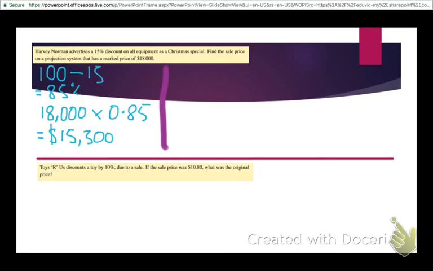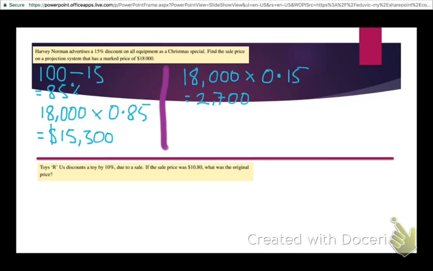I'll run through it quickly here. We have 15%, so if I want to find 15% of 18,000 times 0.15, we get 2,700.